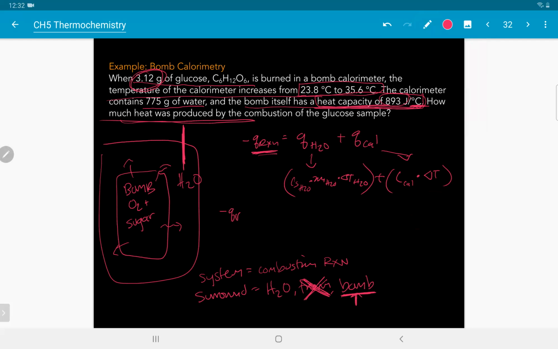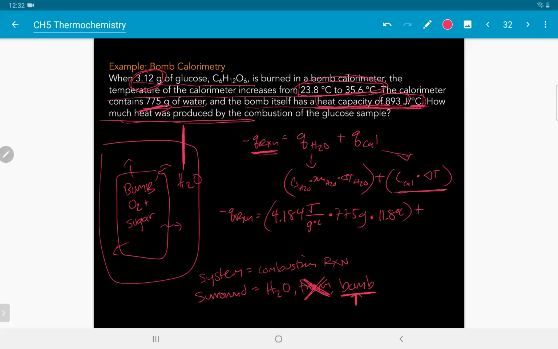So negative Q of the reaction is equal to the specific heat capacity of water, 4.184 joules per gram degree Celsius, times the mass of water, which is 775 grams, that's straight from the question, times the change in temperature. What's this change in temperature? It's going to be 35.6, always final minus initial, less 23.8, and that is 11.8 degrees Celsius.